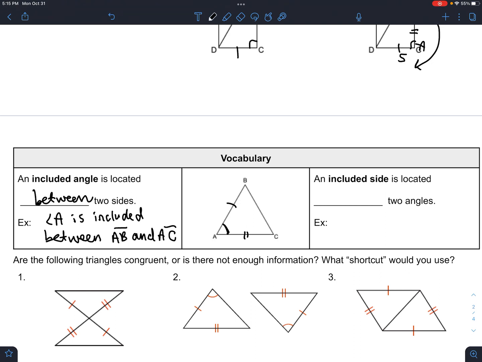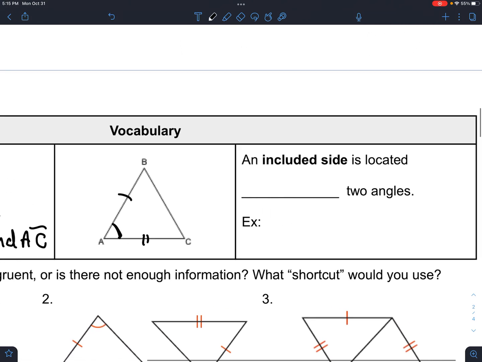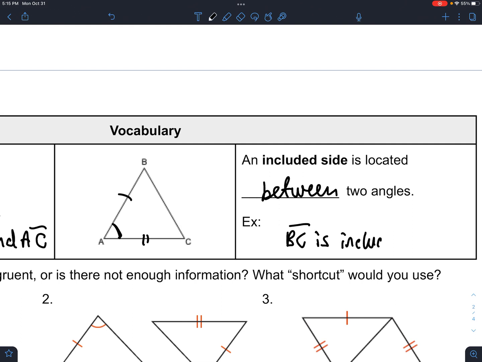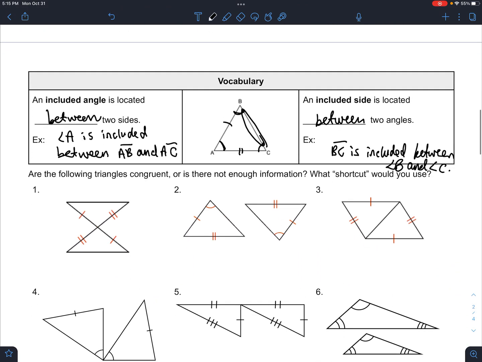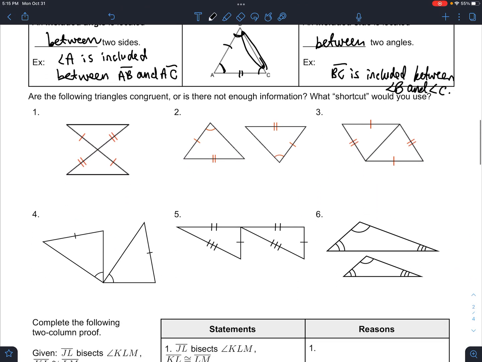And that's what's required of SAS. Okay. And an included side is, again, just between two angles. So we could say BC is included between angle B and angle C. This side right here is included between this and this. So we'll use that word included. It just means between.